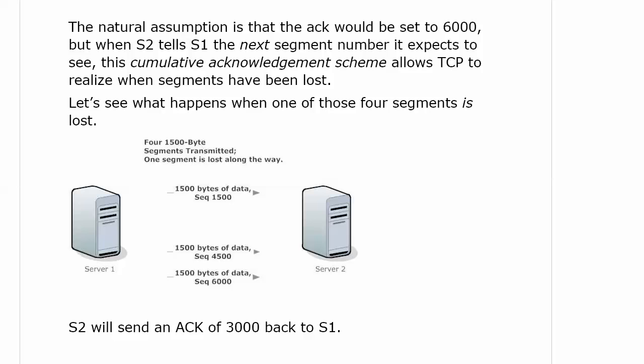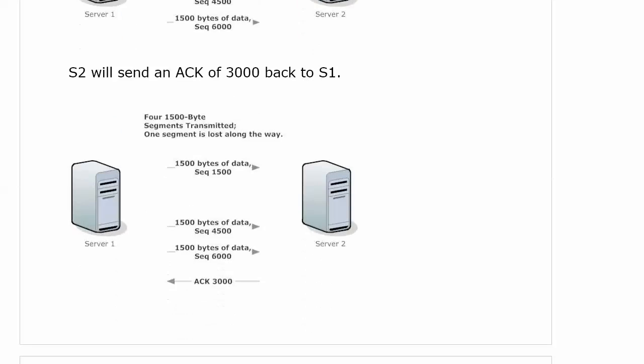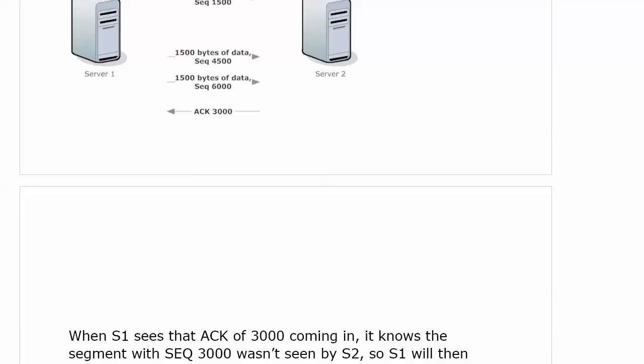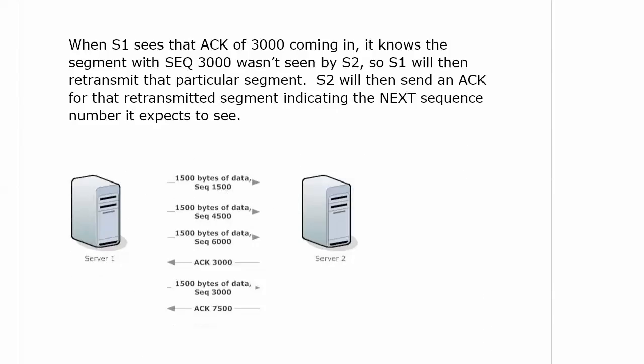So here in this next example, one of the segments got lost, the one with sequence 3000. And what server 2 is going to end up doing is sending an ACK of 3000 back to server 1. Basically, server 2 is indicating, yeah, you might have skipped one here because I'm expecting to see a 3000. Now, when server 1 sees that ACK of 3000 coming in, it's going to know the segment with sequence number 3000 wasn't seen, so then server 1 will retransmit that particular segment.